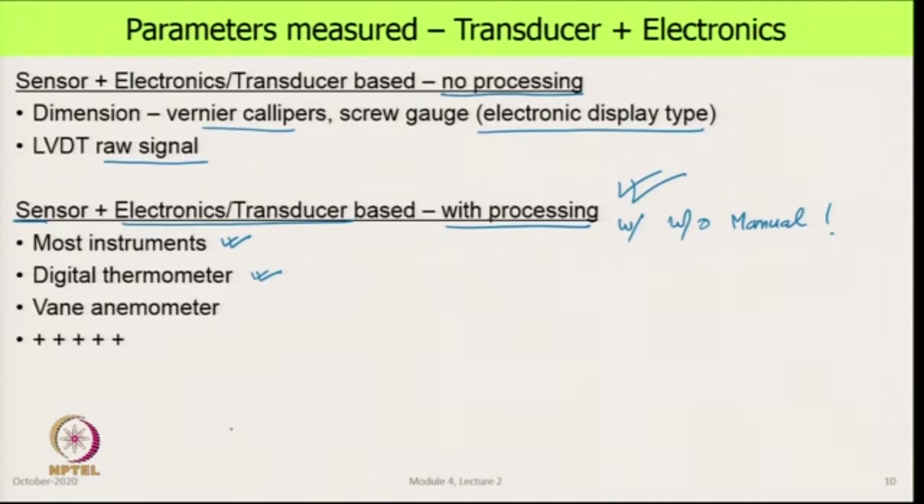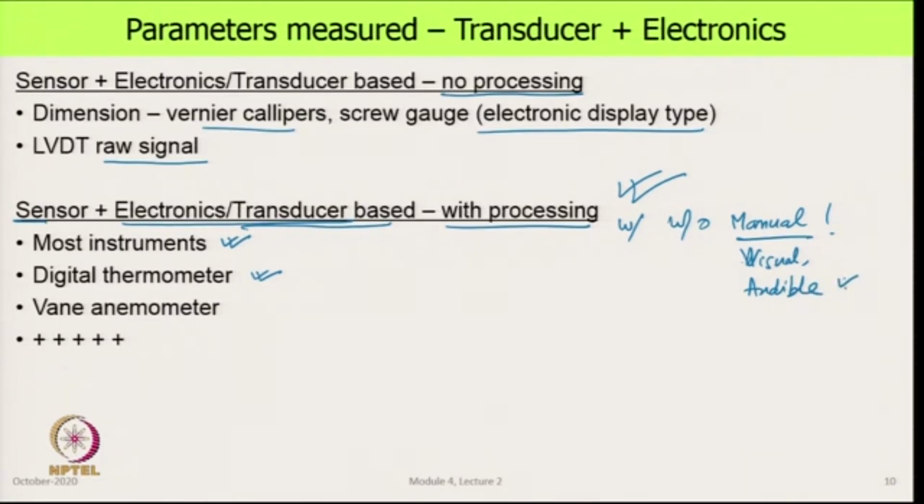There was a sensor in it which measured the temperature, there was electronics inside it which converted it to a temperature, and then we had a display which was read manually. Manually means also audible, visual, we can see it, or audible, so that it produces a sound and you can hear and see what it is.